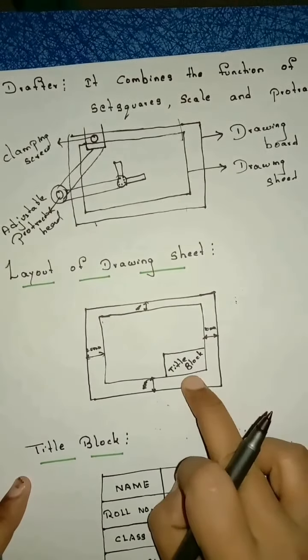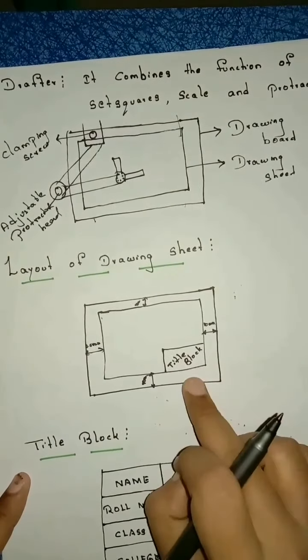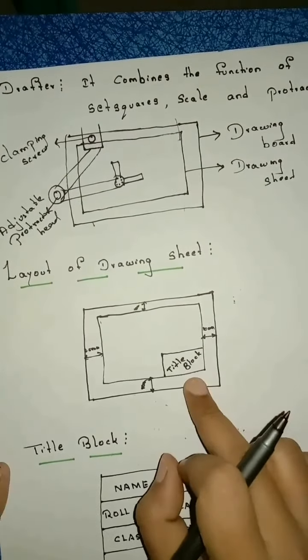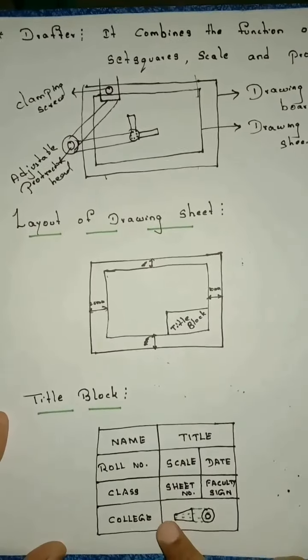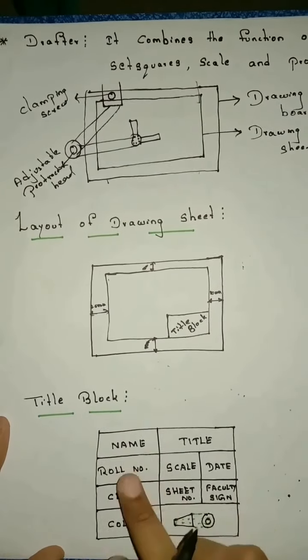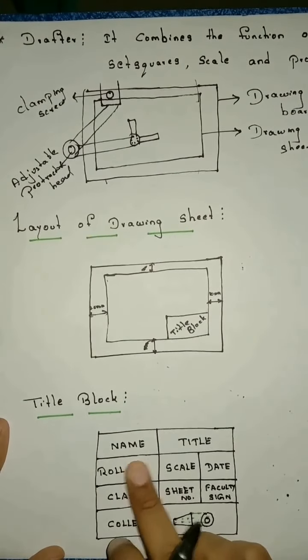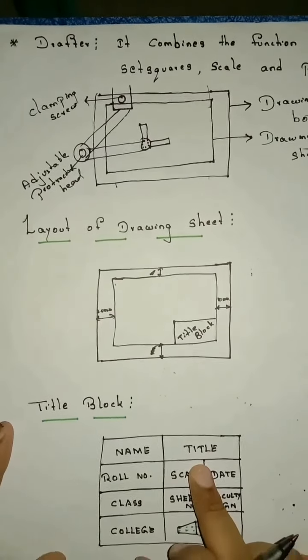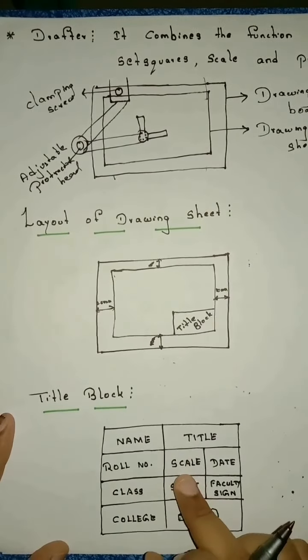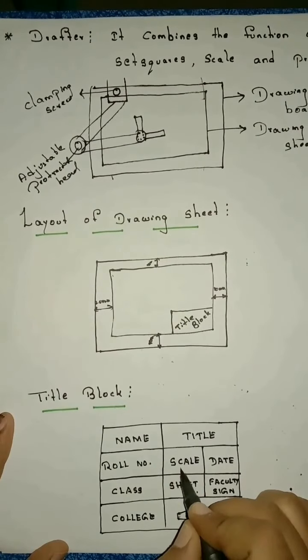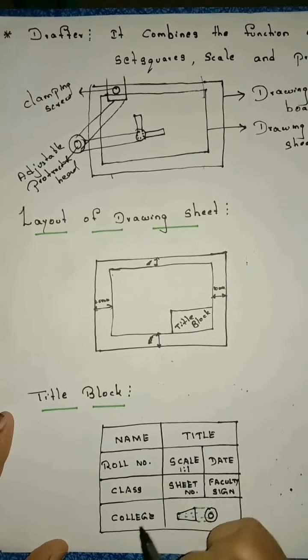So the title block, separately, what the title block consists of I wrote here, right? The title block consists of your name, what you are drawing, the title of your drawing, your roll number, and the scale, which is always 1:1.